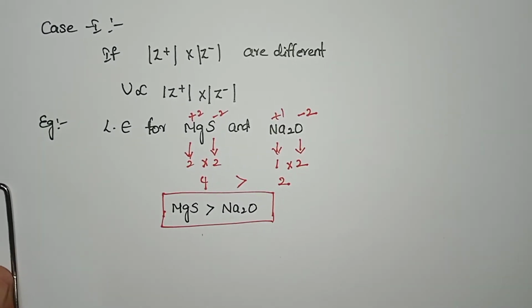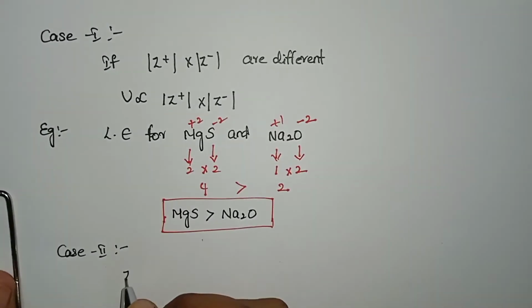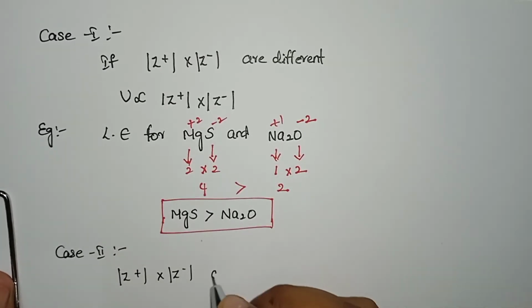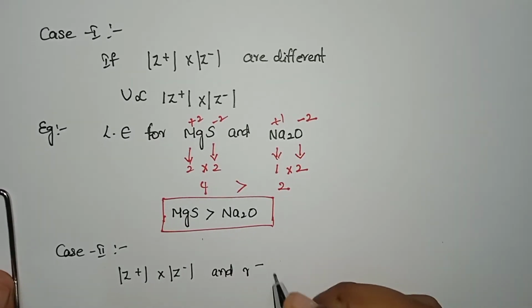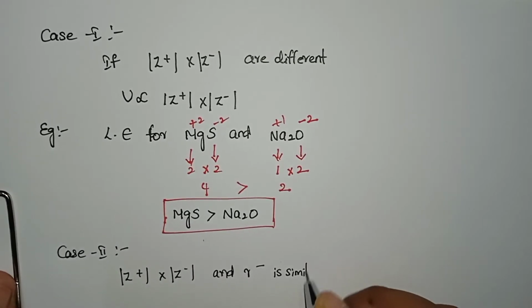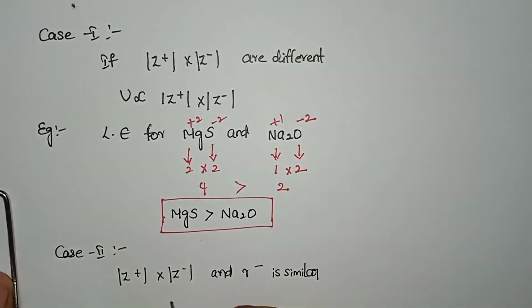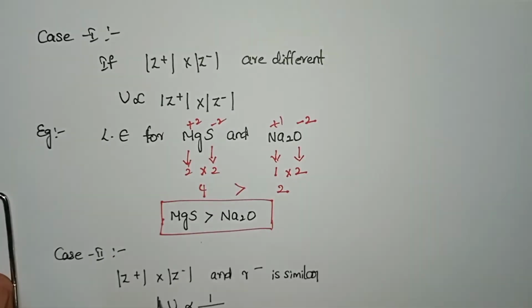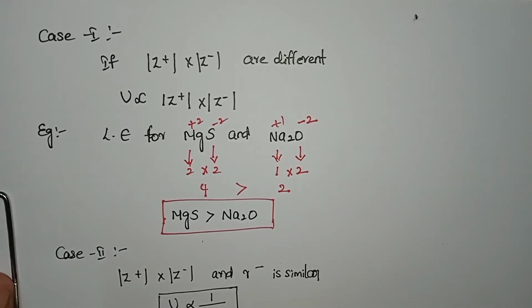In the second case, if Z plus, Z minus and R minus are similar for the given ionic compounds, then we have to use U proportional to 1 by R plus. If the question asks R minus, the equation is U proportional to 1 by R plus.